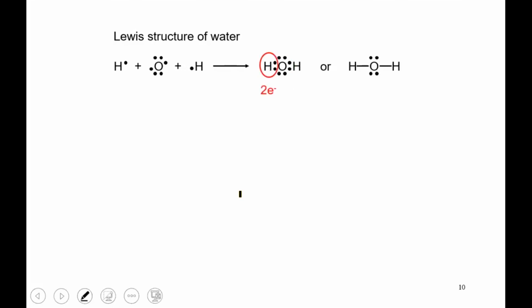Now the hydrogens only have 2, but remember, hydrogen is a small atom and all it can aspire to is a complete 1s shell. But that's it, 2 electrons, just like helium would. Again, notice that in the case of water, we have 2 single covalent bonds. In other words, there are 2 pairs of electrons that are shared with hydrogen.